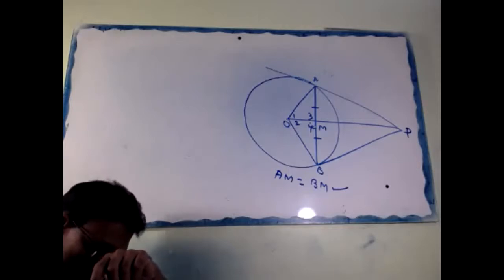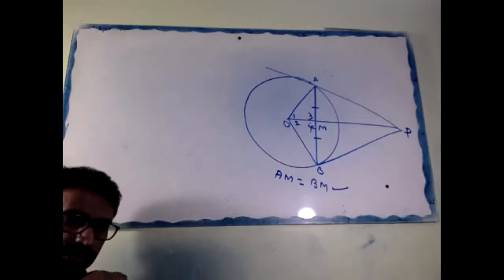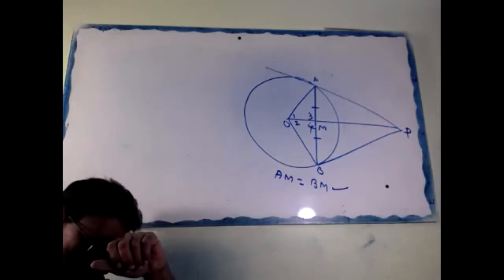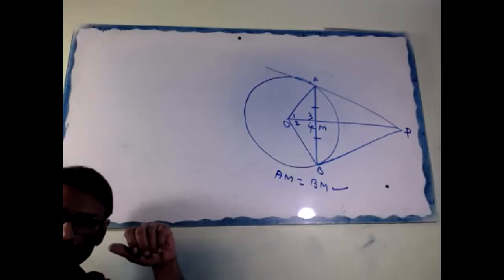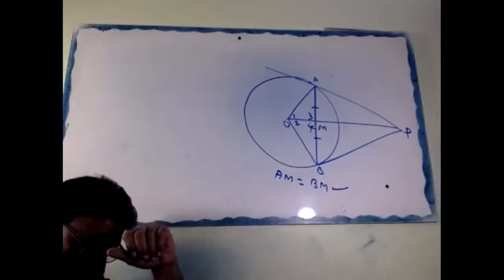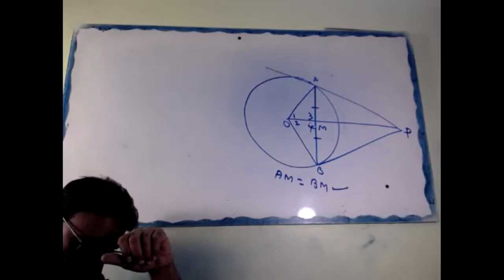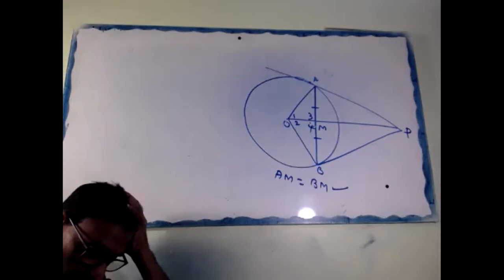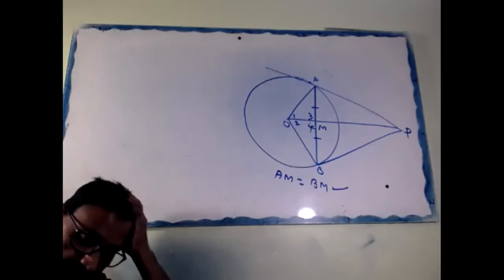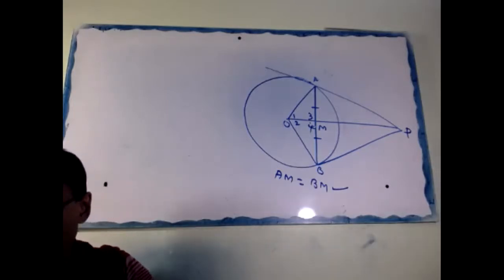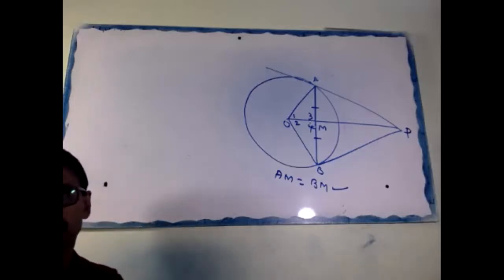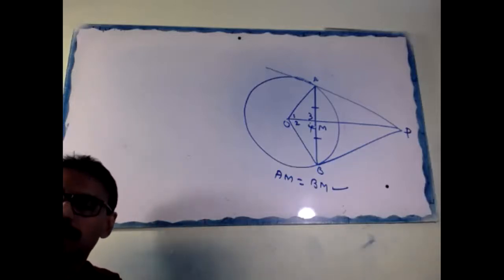The length of two sides containing the right angle are 6 centimeter and 8 centimeter. Find the radius of the circle. Okay, try now.